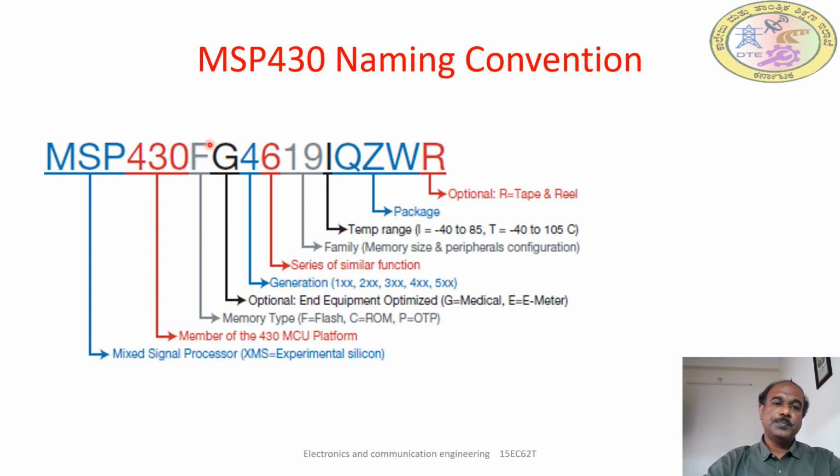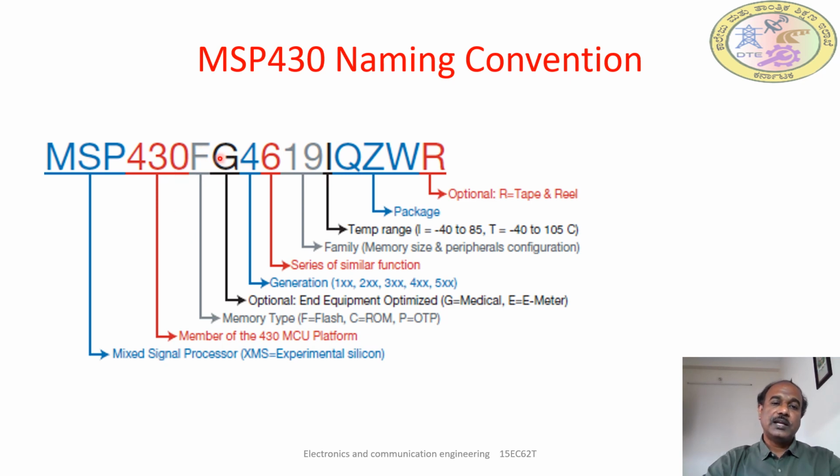If there is a P instead, it indicates one-time programmable ROM, that is, it can be programmed only once and cannot be reprogrammed.